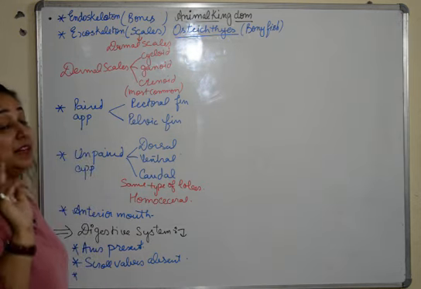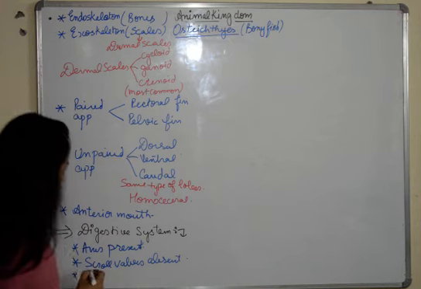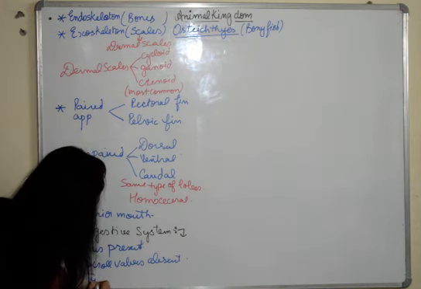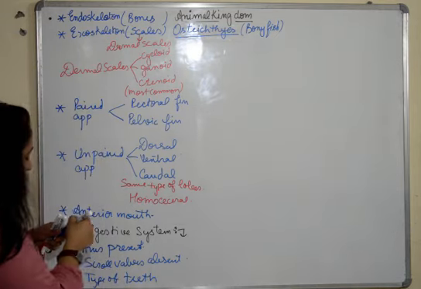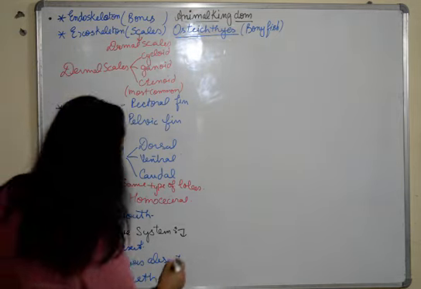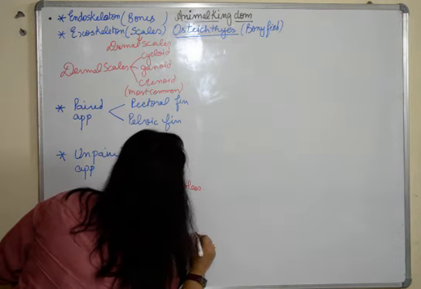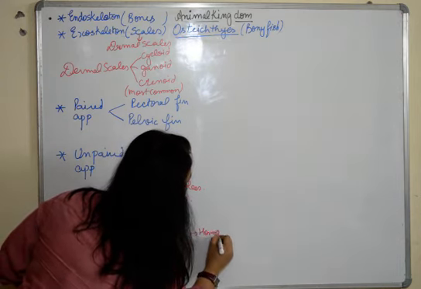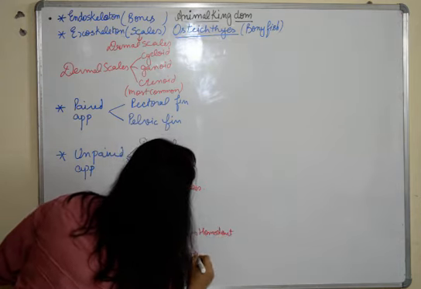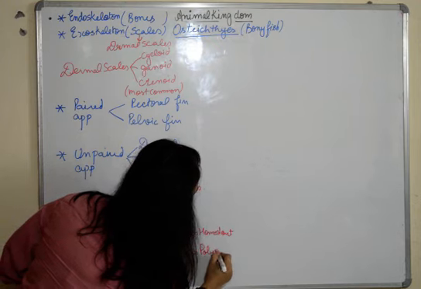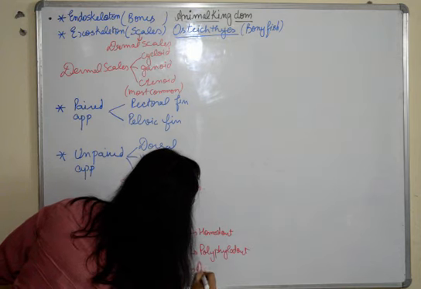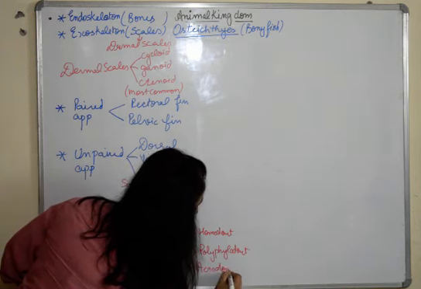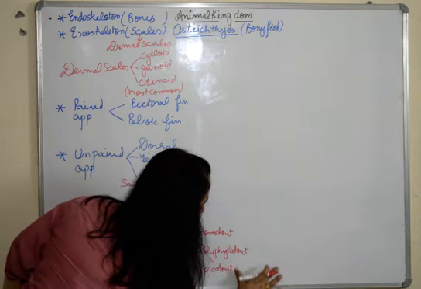But a very distinctive feature about this is the type of teeth. Type of teeth: homodont, polyphyodont and acrodont teeth.